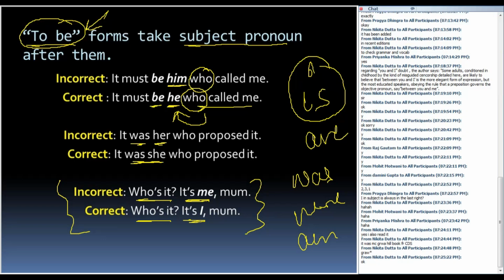If you are using the to be form of the verb, then after the to be form of the verb, use the subjective case of the pronoun. Okay, these are things that we have discussed. If you have any doubt, please ask. Anything that requires clarification, please ask.